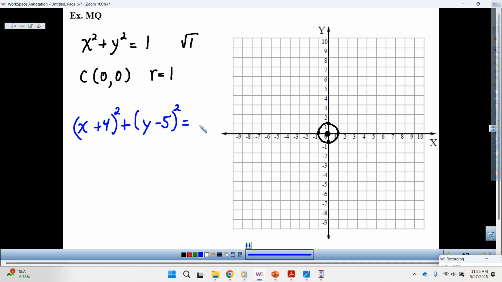And then radius of 2. That means this has to be what? 4. Let's double check. Our center is at -4, 5. And the radius is square root of 4, which is 2. Radius of 2 in all directions. That is correct.